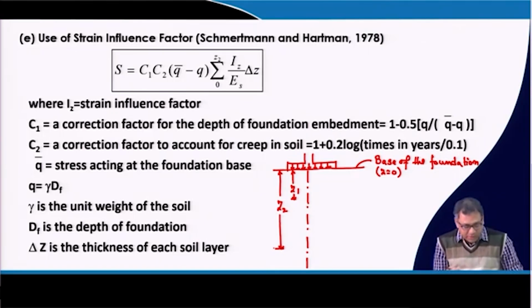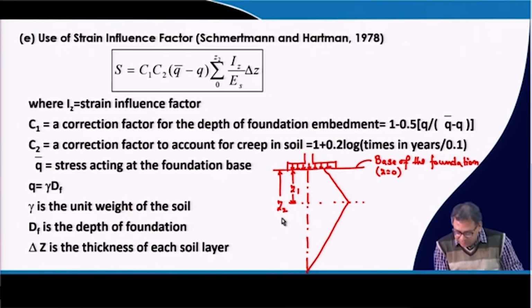So, how will I decide z2? This is my z1 value and this is my z2 value. Corresponding to z1, I am drawing a line. This influence line, or influence factor, we will get by using this line. That means your Z2 will also extend up to this point.